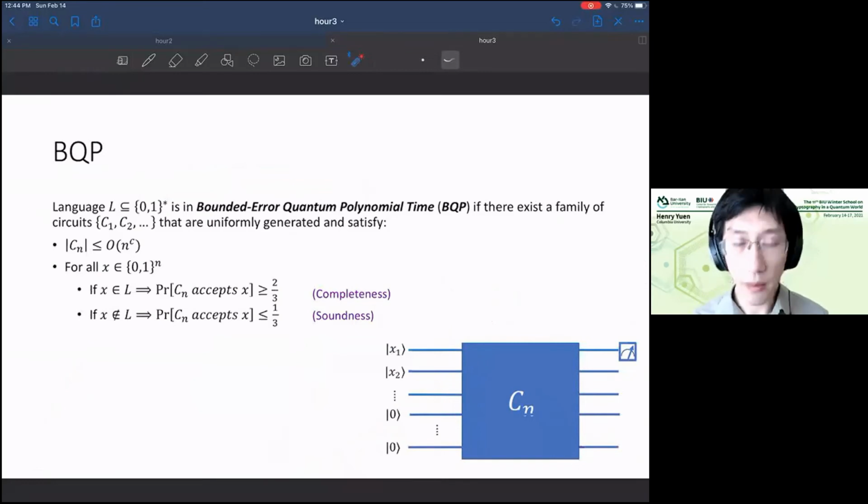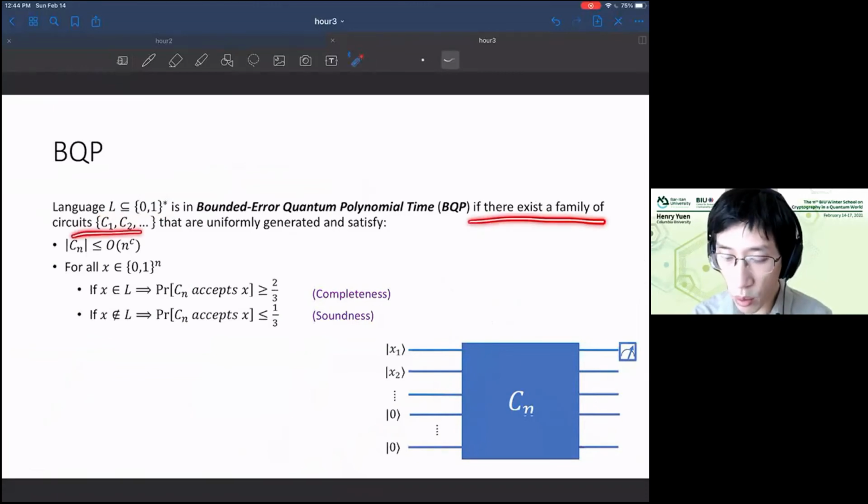So BQP is defined very similarly to the way that BPP, classical randomized computations, are defined. So formally speaking, a language is in BQP if there's some family of quantum circuits, one for every input length.